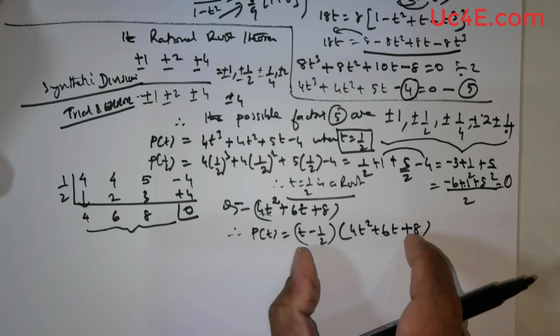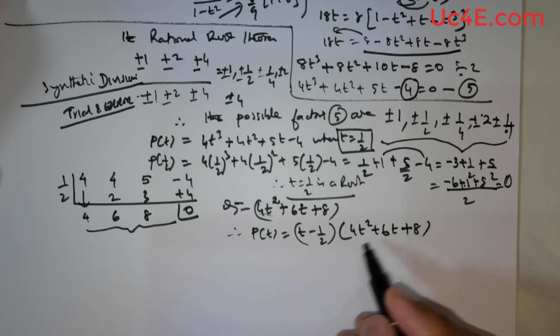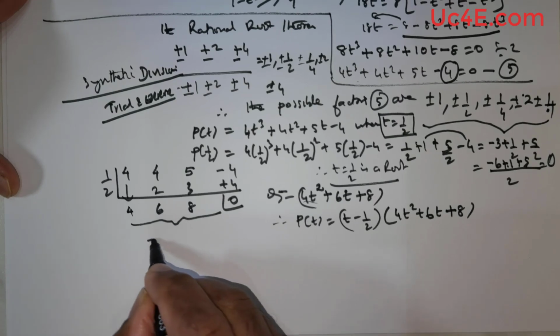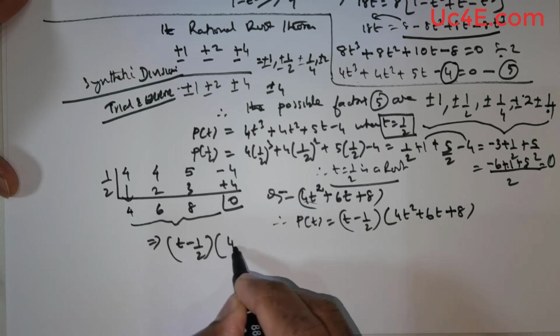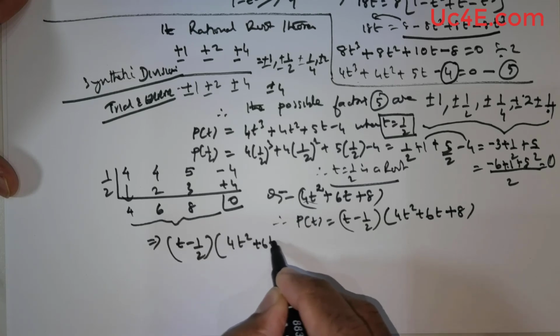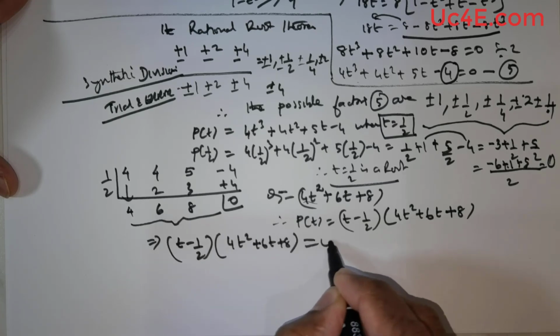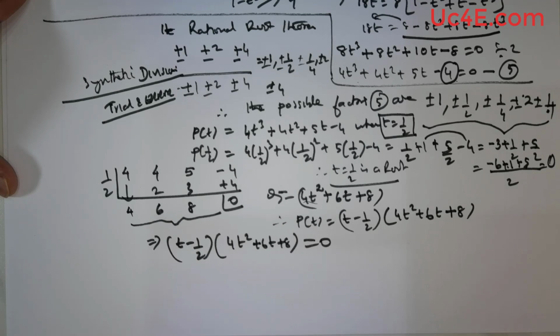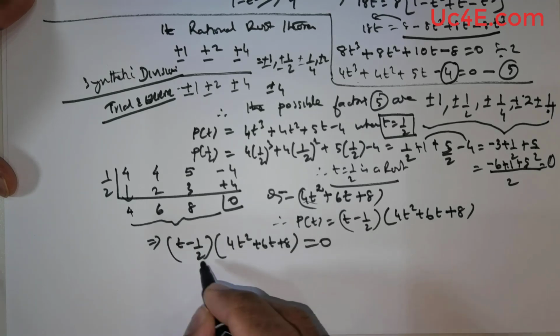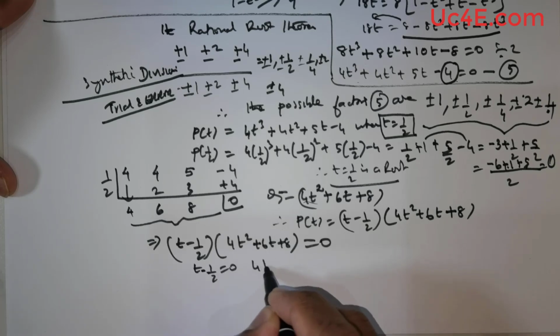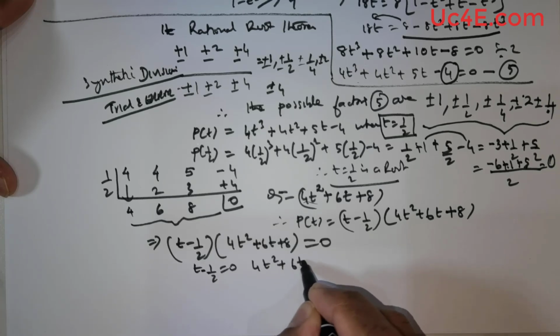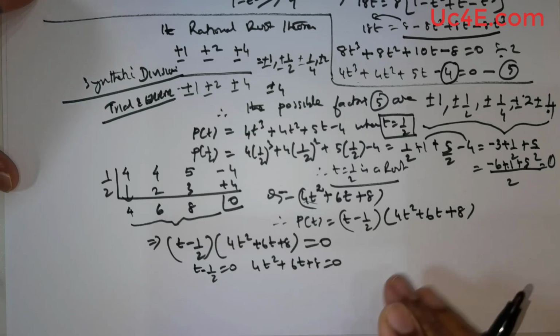Now we need to obtain the values, so I'm equating it to 0. So t minus 1/2 times 4t squared plus 6t plus 8 is equal to 0. Now either t minus 1/2 is equal to 0 or 4t squared plus 6t plus 8 is equal to 0.